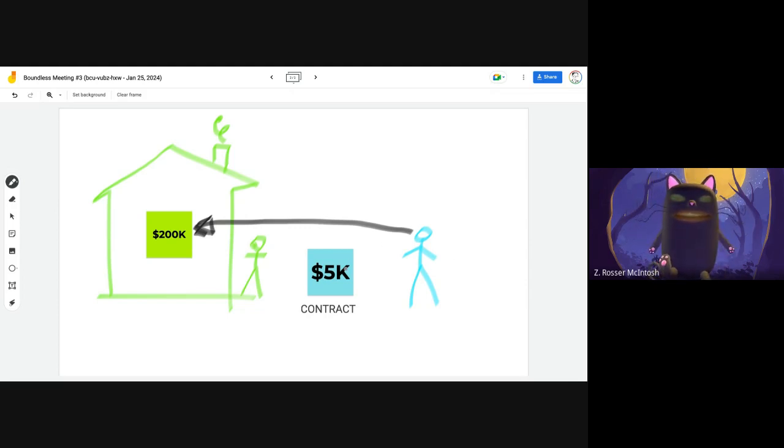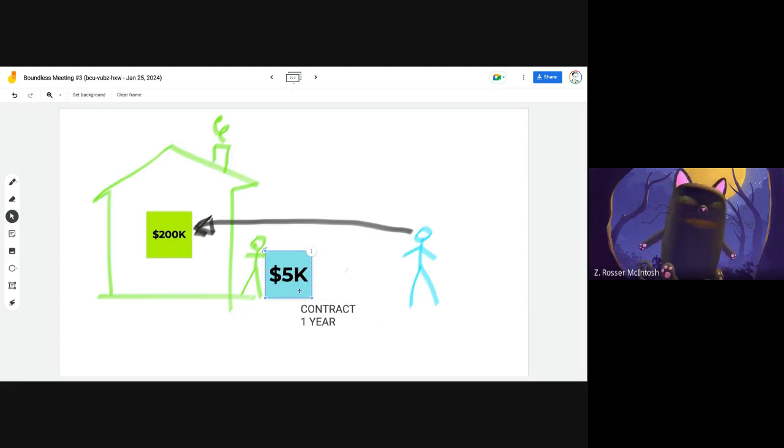And let's say that this contract is a 1-year contract. So that means that anytime in the next year, I have the right to buy your house from you for $200,000. I can go to you any day and say, hey, I want to buy your house now. And it's at a predetermined price, that being $200,000.